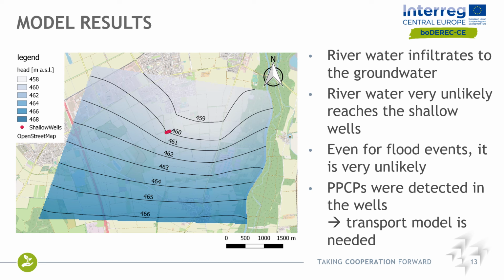However, it is very unlikely that this water reaches the wells. Even if the river water is elevated by a flood event, it is still very unlikely. Thus, the river as a source for PPCPs can actually be ruled out for this case.